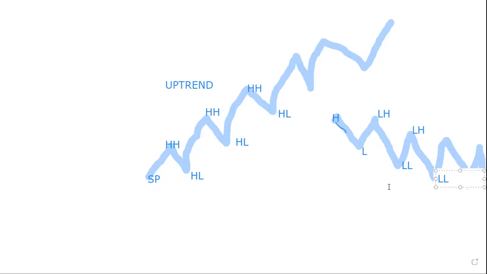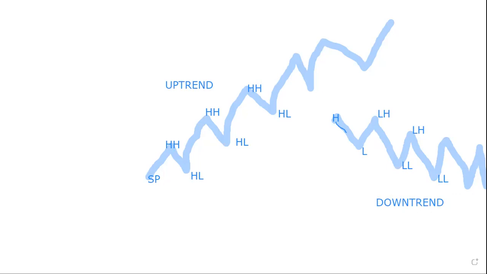Lower high, lower low. So this is what we have as our downtrend. The uptrend is like your ascending staircase, and the downtrend is your descending staircase. All right. Now that we have that, let's go back to our chart.